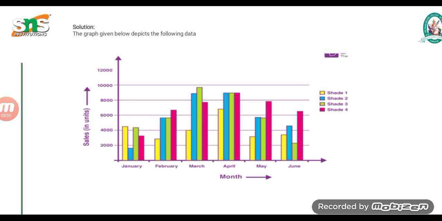I have represented months on the x-axis and sales on the y-axis. So in January it consists of 4 bars, similarly up to June. These diagrams are said to be multiple bar diagrams, which represent a single month but have multiple data.